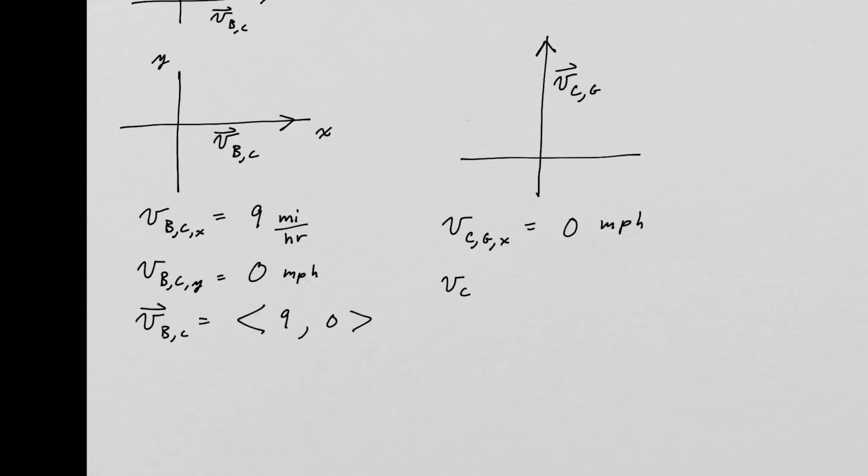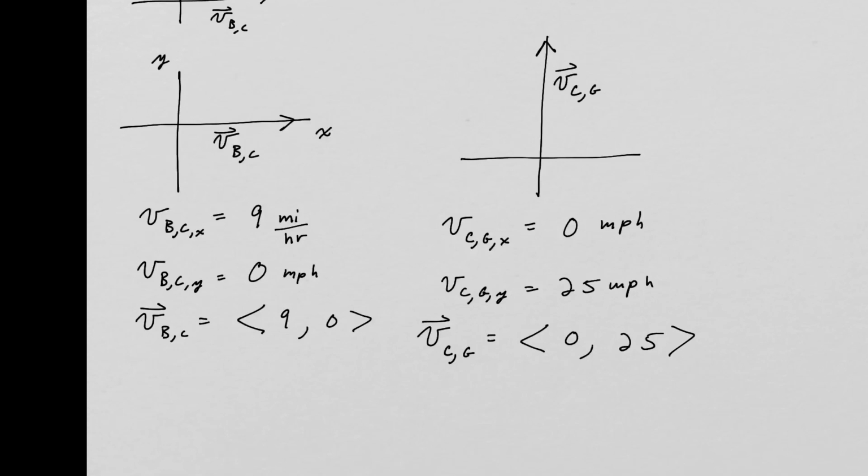And then how much of it is in the y? All of it, and it's positive. So this would be positive 25 mph. And if I write it using the angle bracket notation, this would be the velocity of the car relative to the ground, and that's equal to 0, 25.